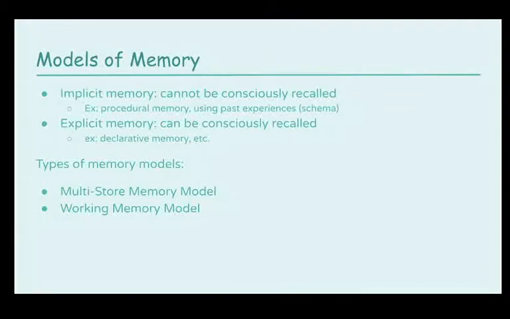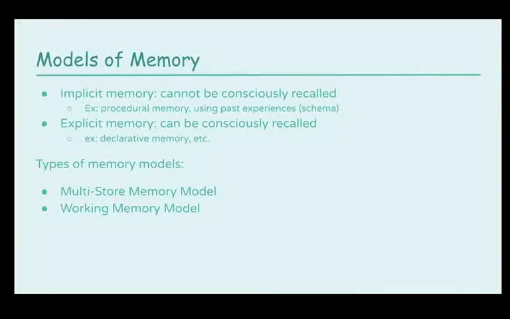If you remember correctly, you're going to have to learn the models of memory, and there are two main kinds of memory. The first is implicit memory. Implicit memories are the memories that cannot be consciously recalled.